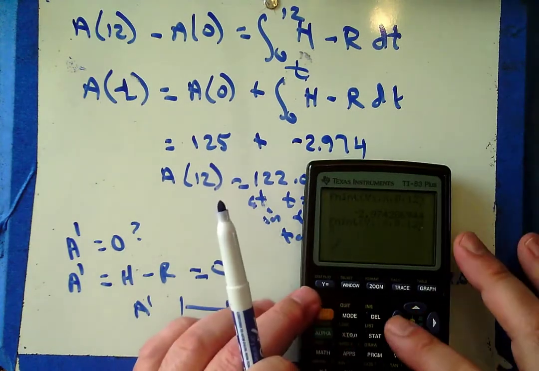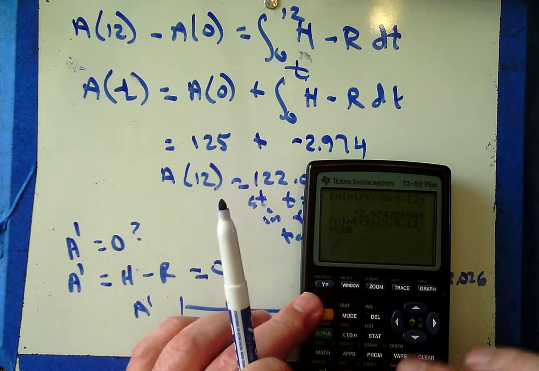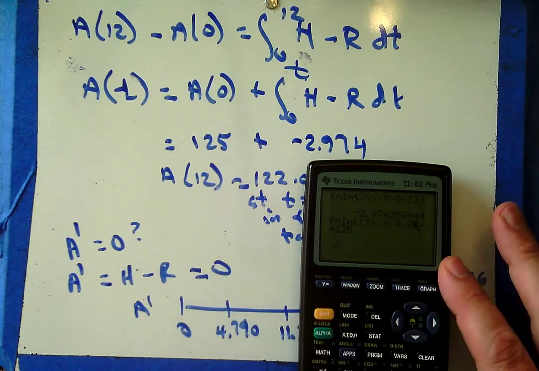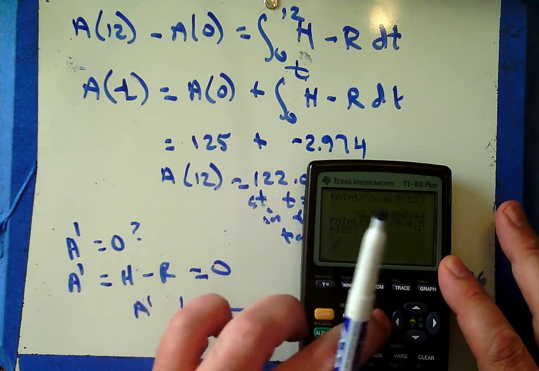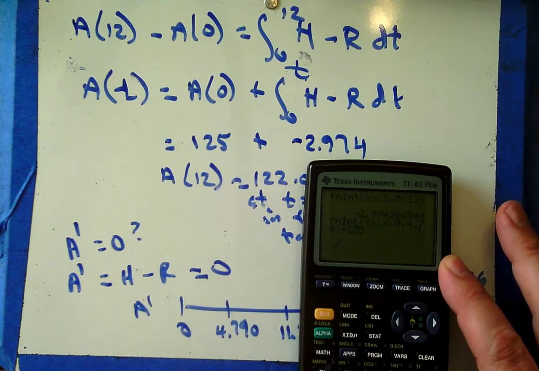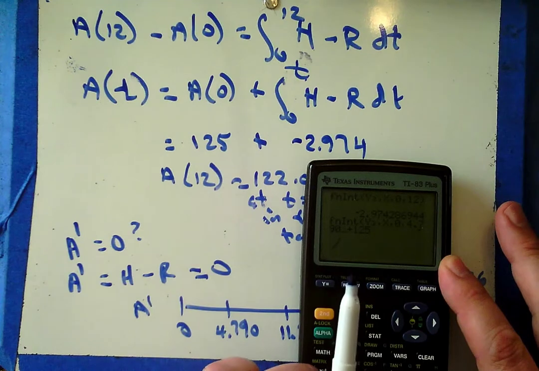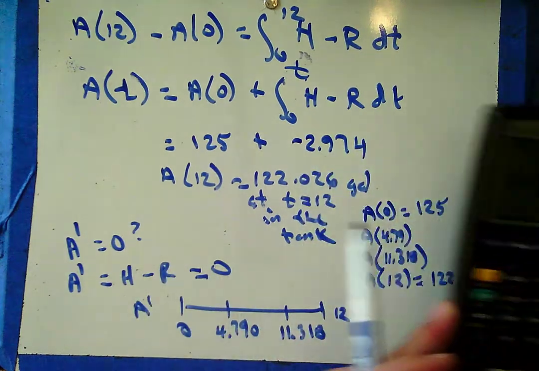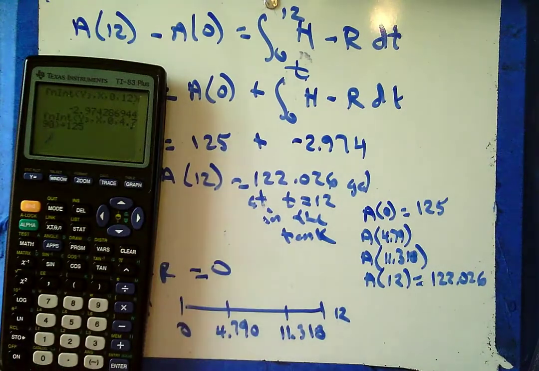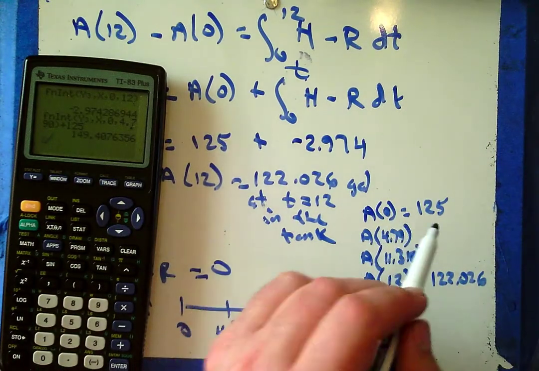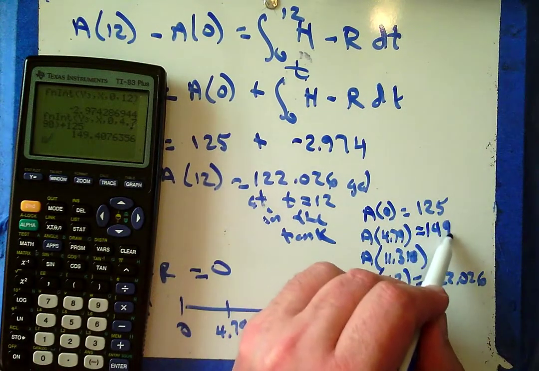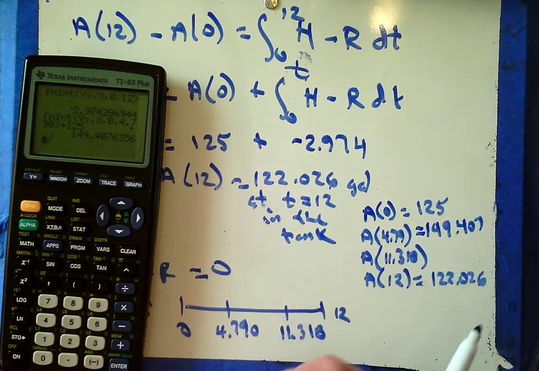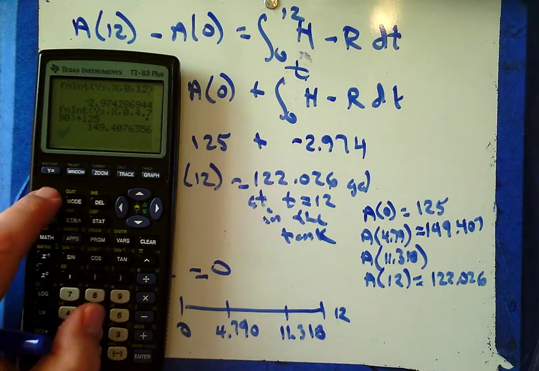So let's go back to this, plus 125, and change that time to 4.790. Okay, enter. And I get 149.407.